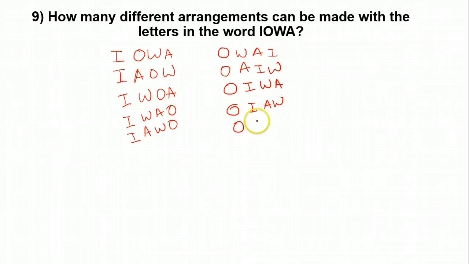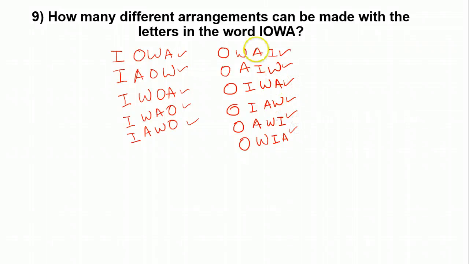How about A, W, I? How about O, W, I, A? So there's a couple. You might want to go through this list and just keep a count. It's only 4 letters, so you can do that. Not that bad. And then you can figure out how many different arrangements there are. And by different, they mean everything's different, so I wouldn't put any repeats on there.